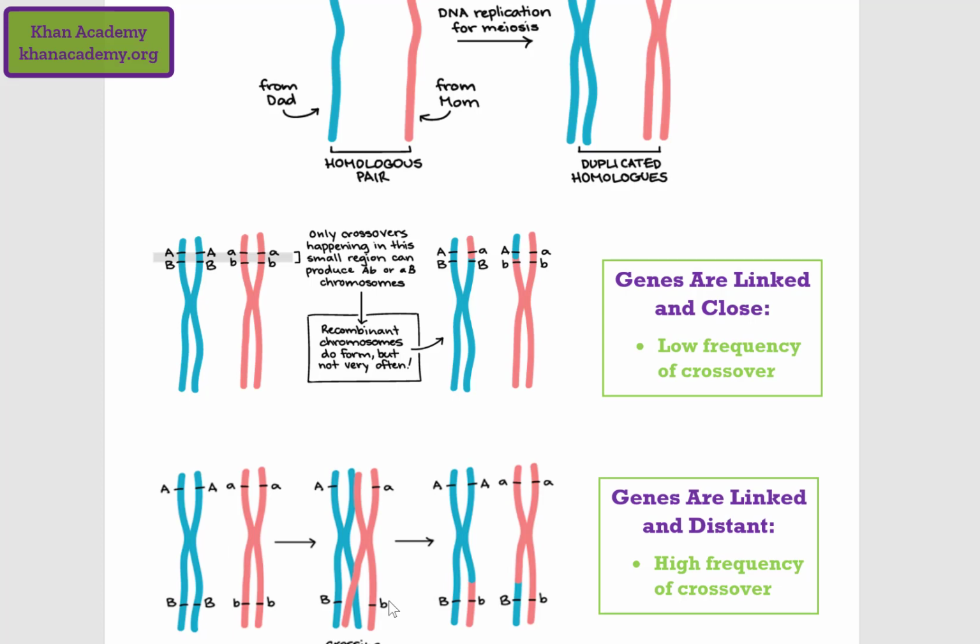And by looking at the unduplicated haploid chromosomes in the gametes, you can determine if crossing over has occurred. And then if it has occurred, how far away are genes that are on these linked chromosomes?